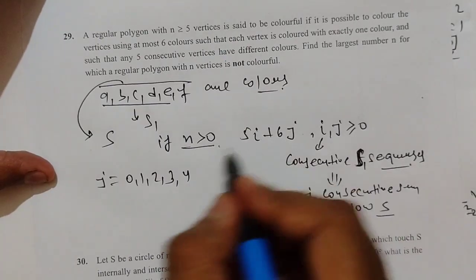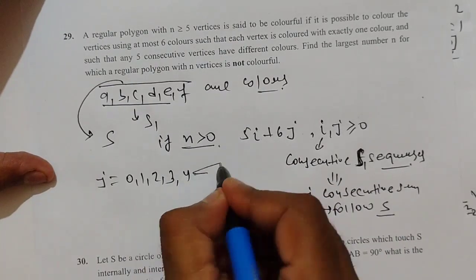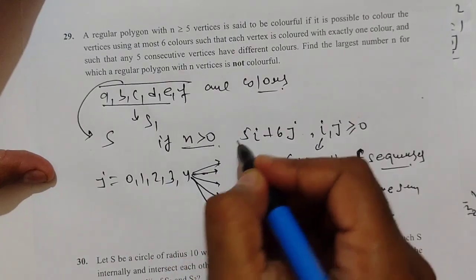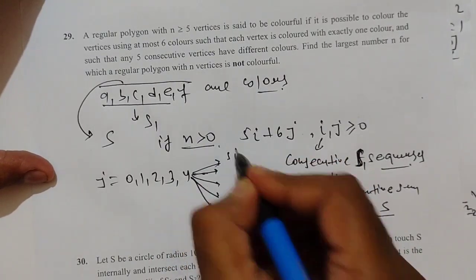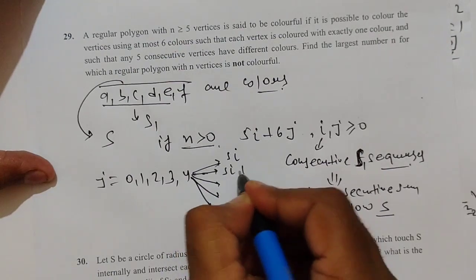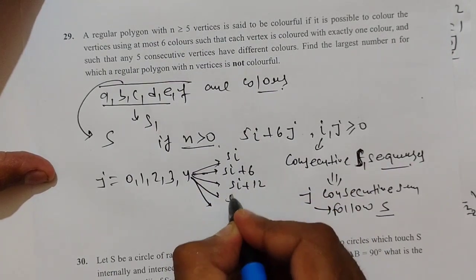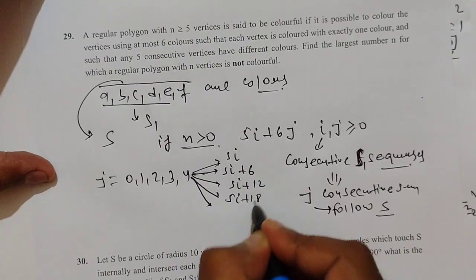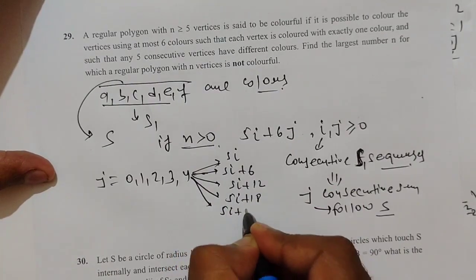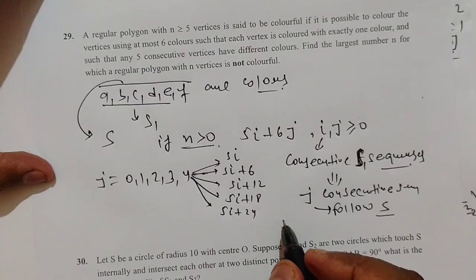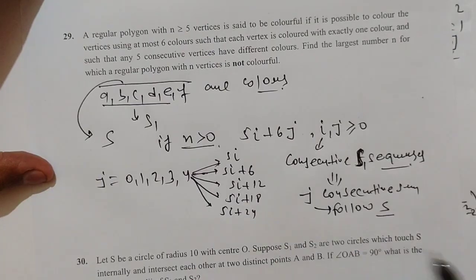So this will give the numbers 5i, 5i plus 6, 5i plus 12, 5i plus 18, 5i plus 24, and the only numbers greater than 4 not of this form are 7, 8, 9, 13, 14 and 19.